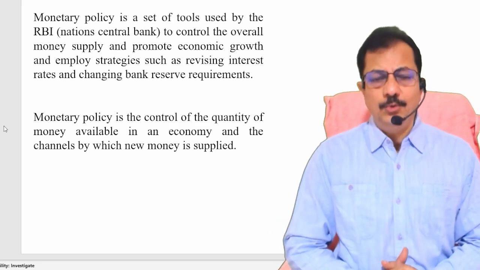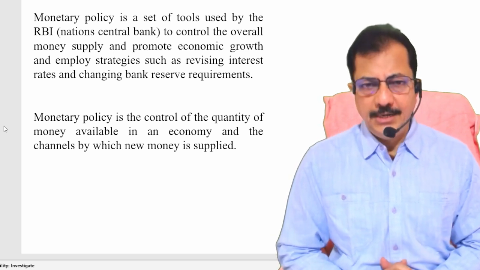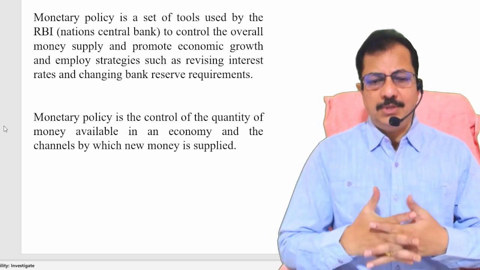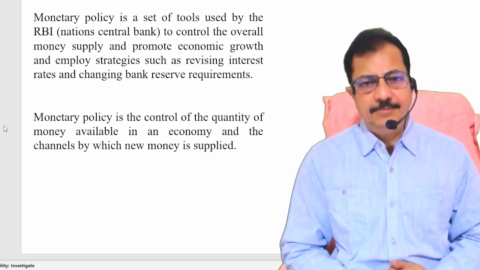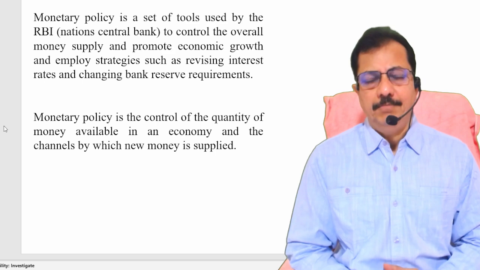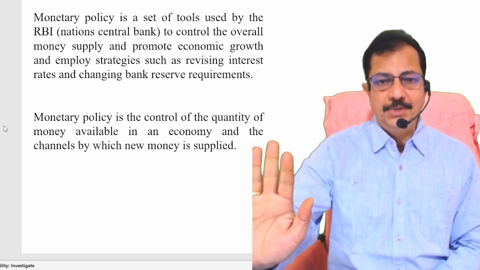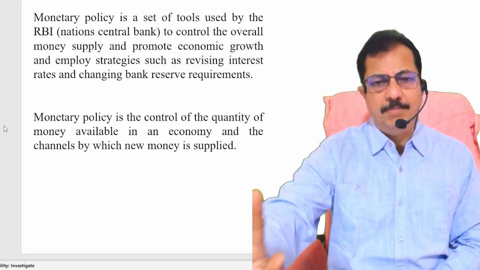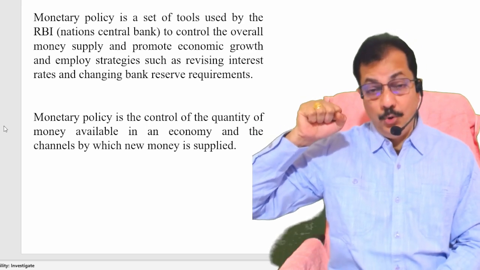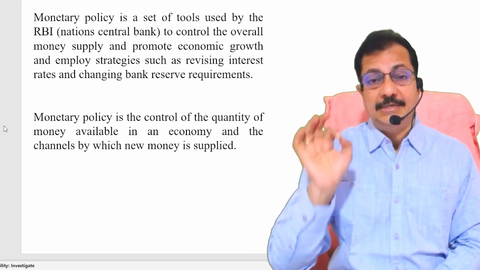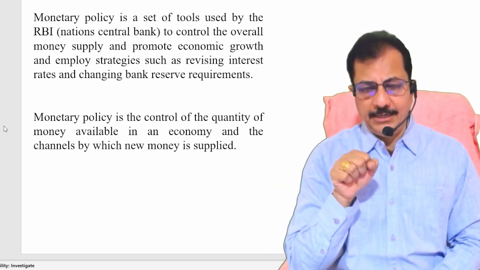Now, when you look at monetary policy, I told you in the earlier class already the concept of money: the money is printed and the coins are minted by RBI, and that will be supplied into the market. So money can be supplied into the market, and money can be withdrawn from the market.